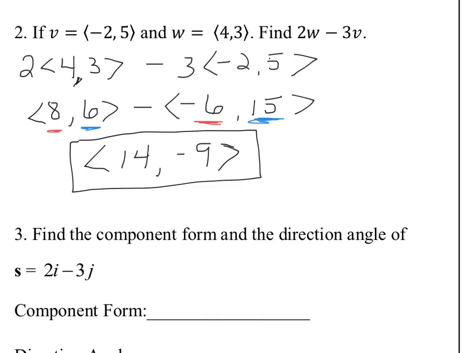They're brackets. They look kind of like greater than and less than signs, but that's not what this is. It's a bracket that represents vectors. So make sure you use that when you're showing the component form of your vector.